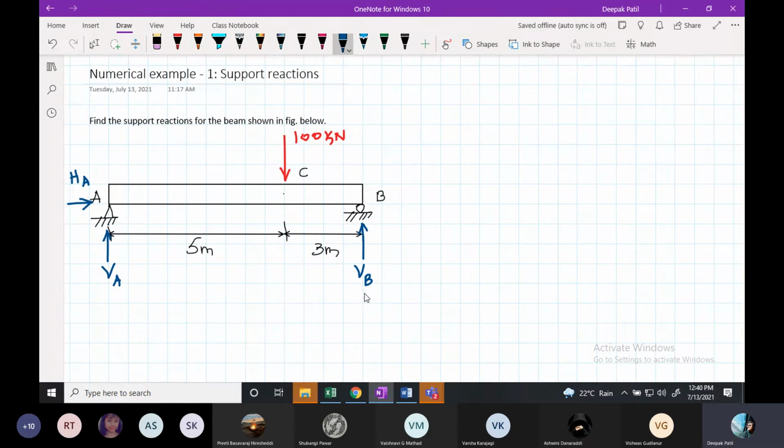Now I would like to ask you all one question. By seeing these forces, which I will mark, can anybody tell me, are they concurrent forces or non-concurrent forces, students?